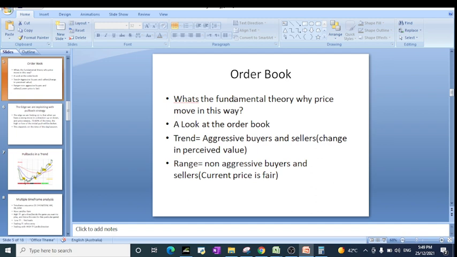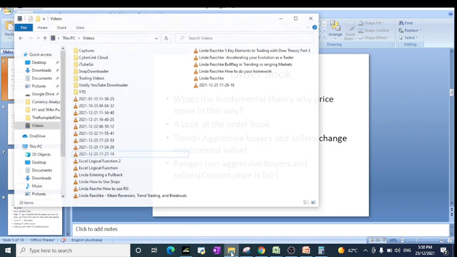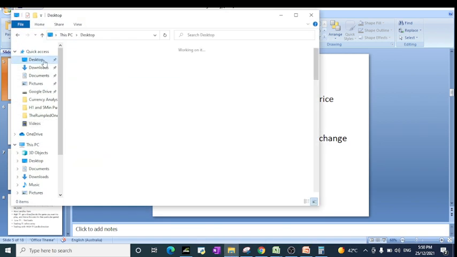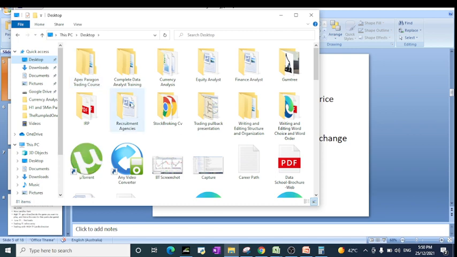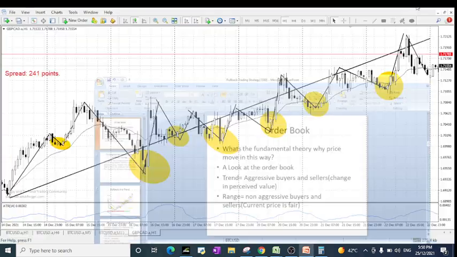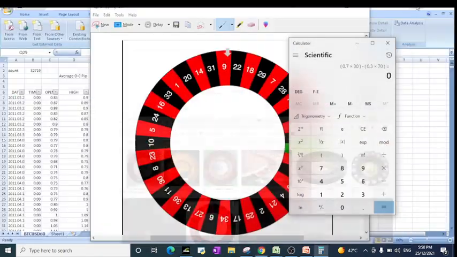So the order book. Why should price move? Why does price move up and down? Let me show you what an order book looks like.